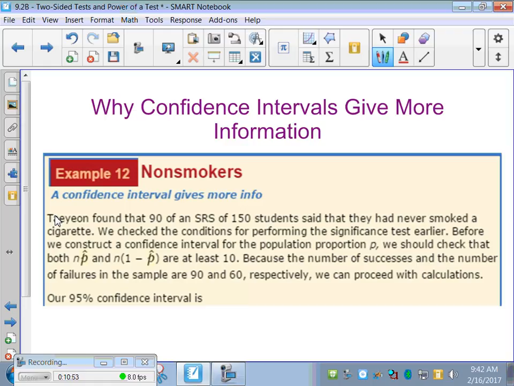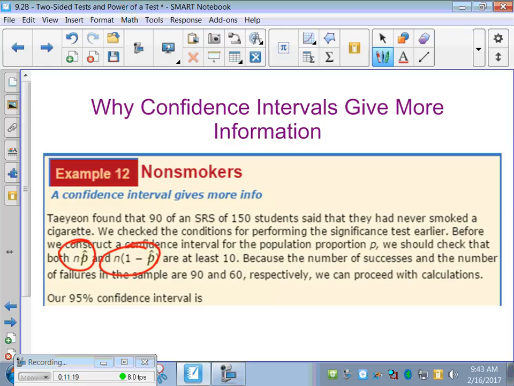Before we construct a confidence interval for the population proportion, we still have to check that n times p hat and n times 1 minus p hat are at least 10. So remember, for a confidence interval, we actually check with p hat, okay? Because the number of successes and the number of failures in the sample are 90 and 60, we're good to go with large counts. So they did it for us. All right, that was nice.